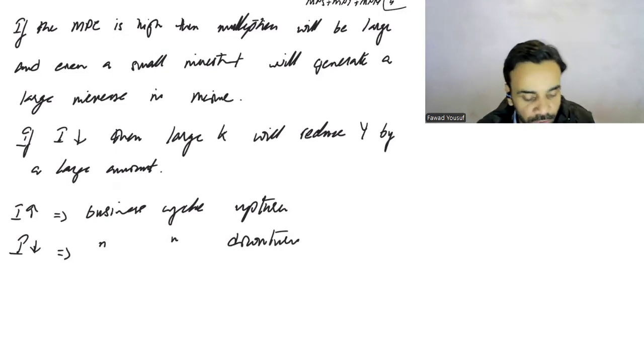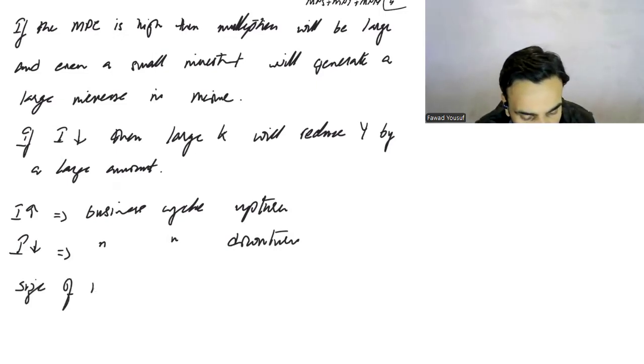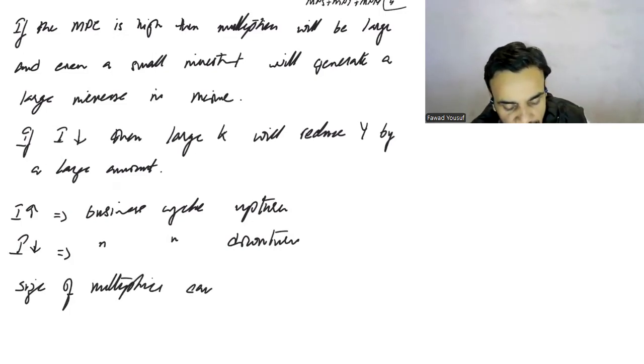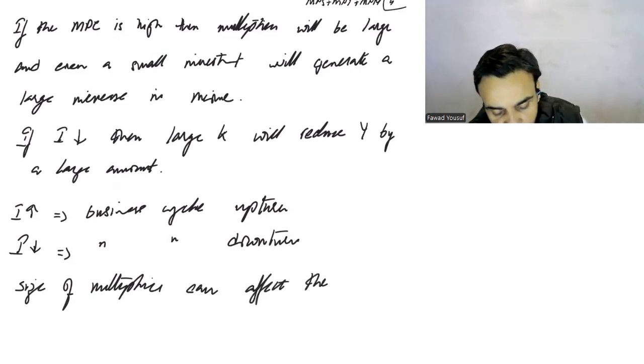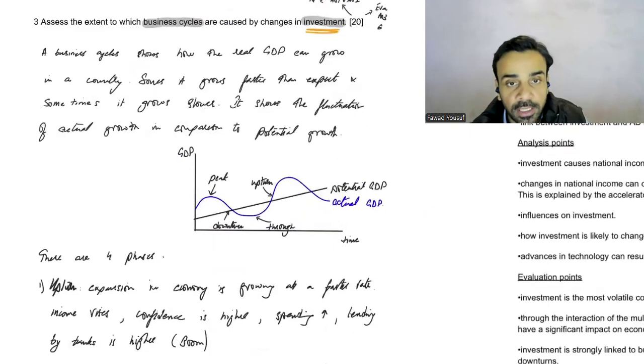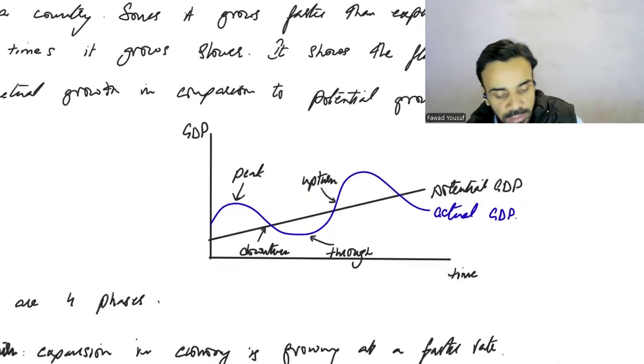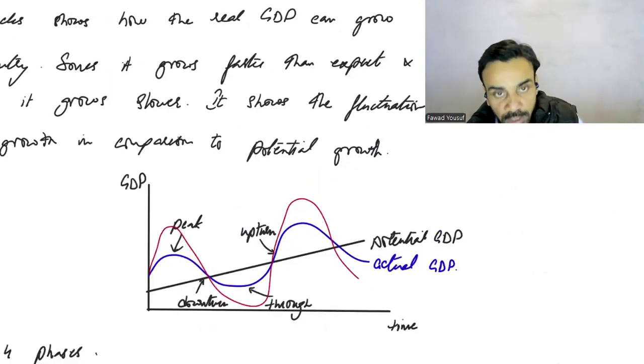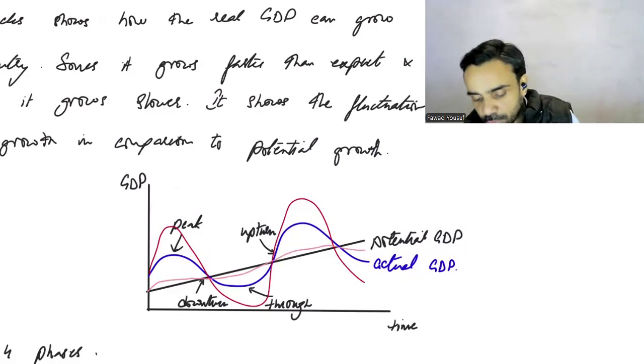And the size of the multiplier can affect the size of the swing. अब this is what I'm saying कि अगर multiplier आपका बड़ा होगा तो in this diagram of mine the impacts will be much more magnified. लेकिन अगर multiplier छोटा होगा तो it will be much smaller.